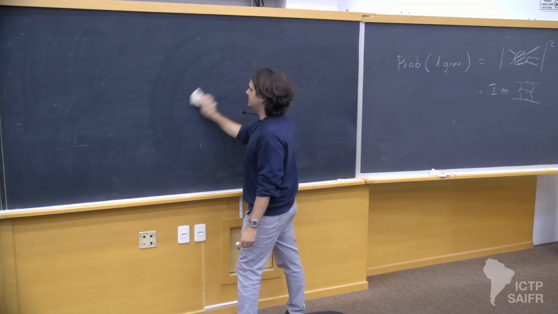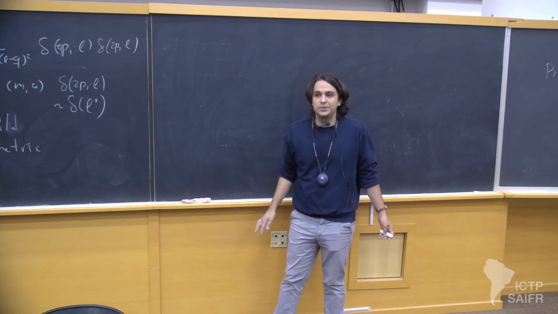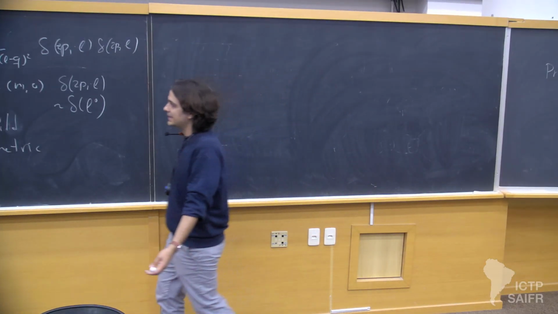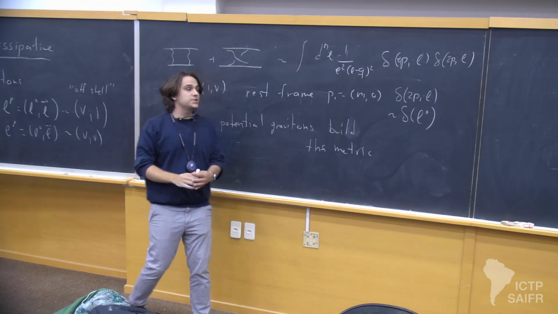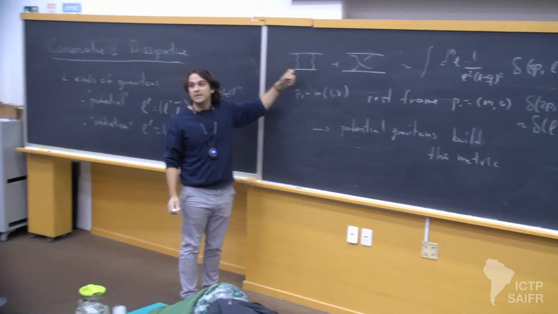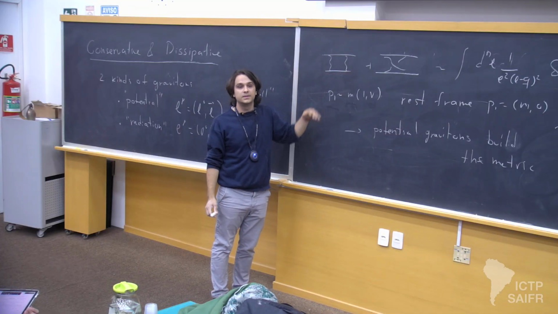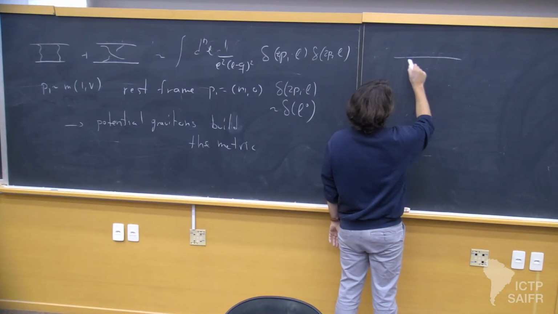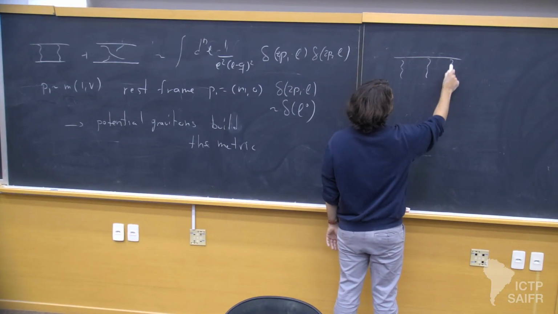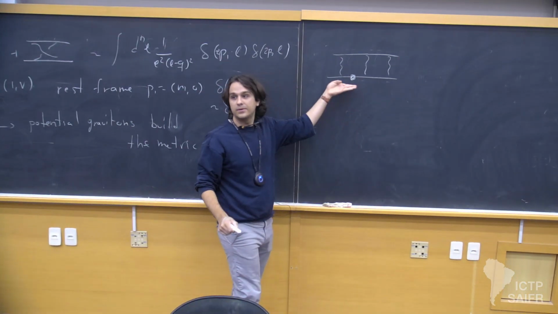So first of all, just like in electromagnetism, in order to have radiation, I need to have something accelerating, right? So that's another reason why these diagrams don't contain any radiation. This is just the 1/r exchange, but this is all static sources, right? These particles haven't moved yet, right? So one option is if one of the particles recoils. So for instance, I could have the following diagram where I expand this propagator to the next order.